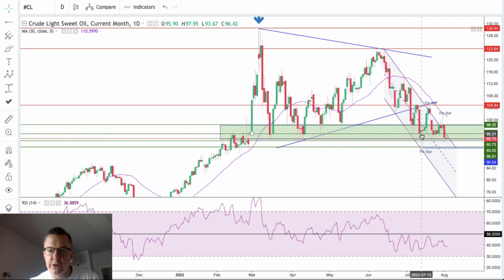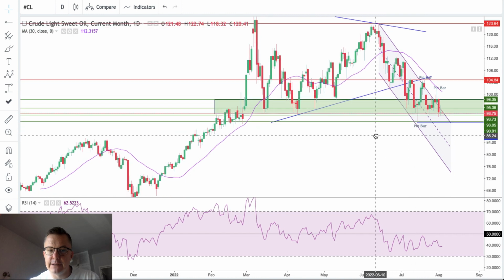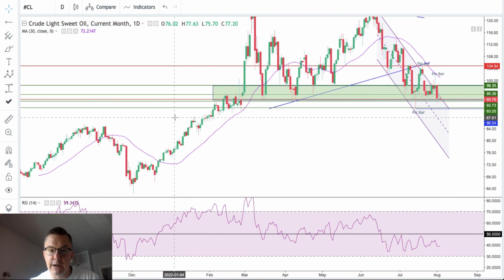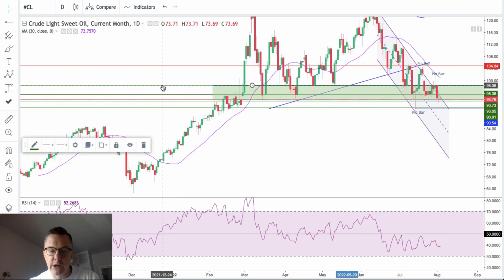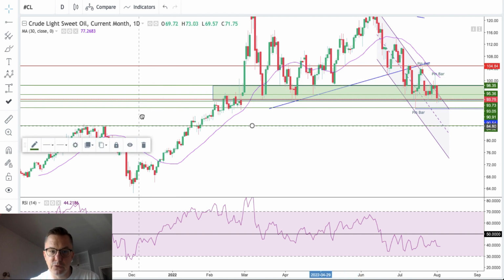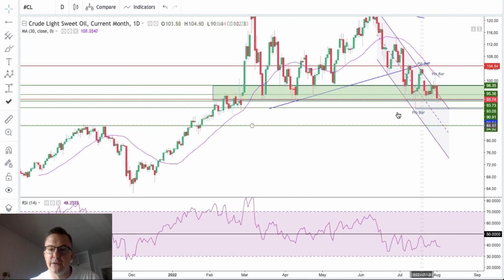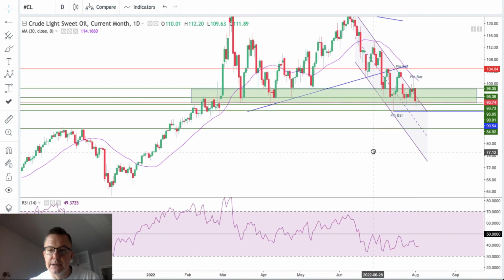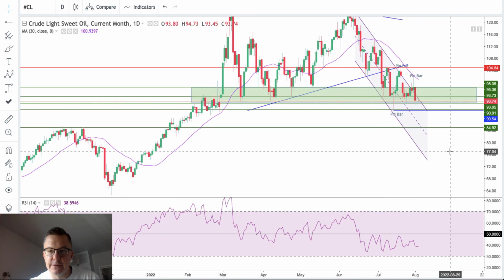We should see a new low below 90.56, and then the next target might be very interesting, because the next target would be around the level of 84.92, basically $85 per barrel. So please keep an eye on the current situation.